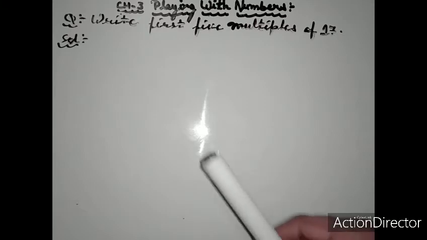Now students, the question is: write the first 5 multiples of 17. In order to obtain the first 5 multiples of 17, we multiply it by 1, 2, 3, 4 and 5 respectively.